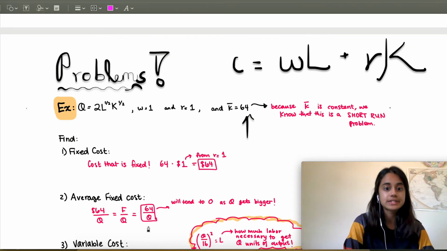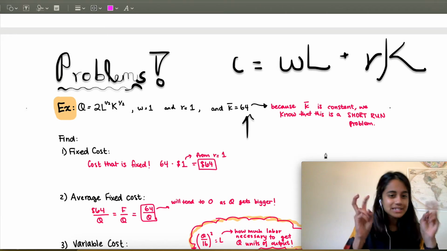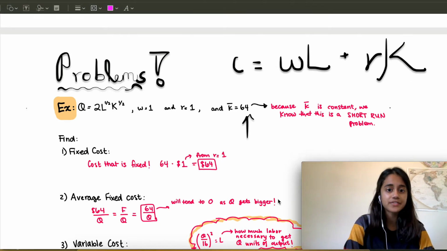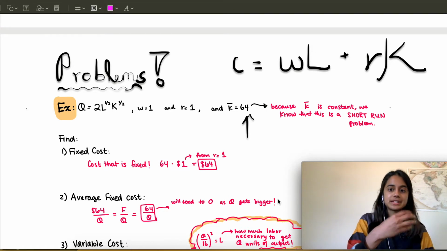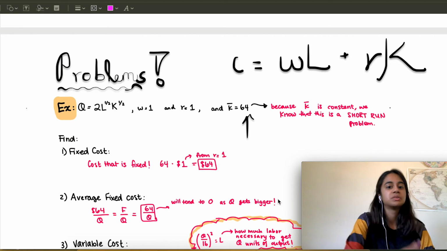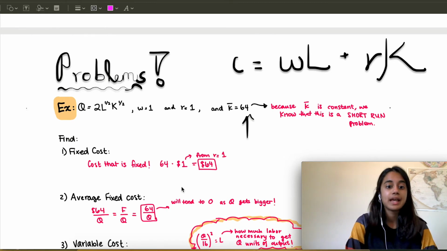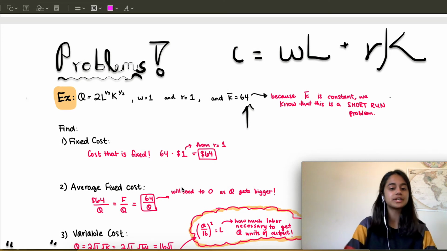Do not forget this. So whenever we look for our fixed cost, we look at the cost that is fixed, and we have 64 times that $1 because it costs $1 to make each capital. So that's $64.